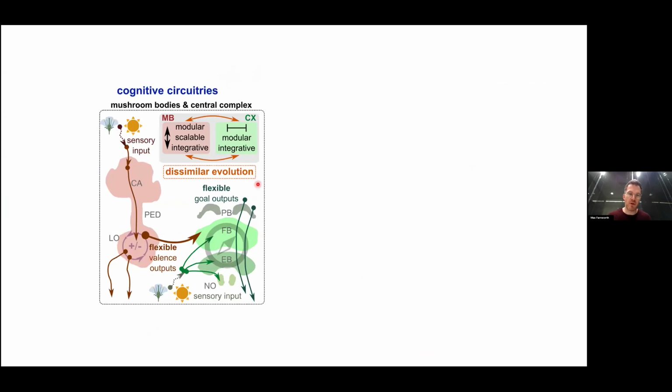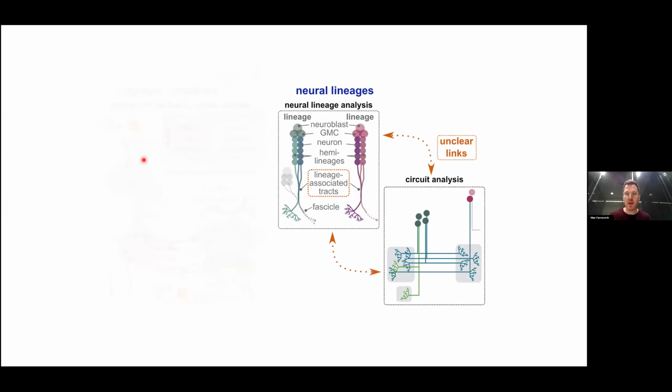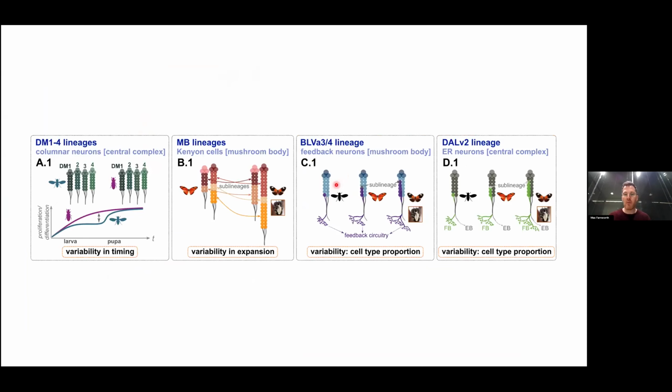What I want to do is use these cognitive circuitries, of which I've explained a bit, and then use the neural lineages and these anatomical correlates to gain insights into neurocircuit analysis. And I can do that now because I have a set of cell groups that are accessible across lots of different insect groups, which I can then study and find out what's going on there precisely with different methods.